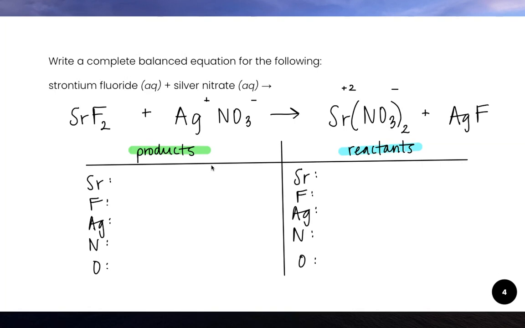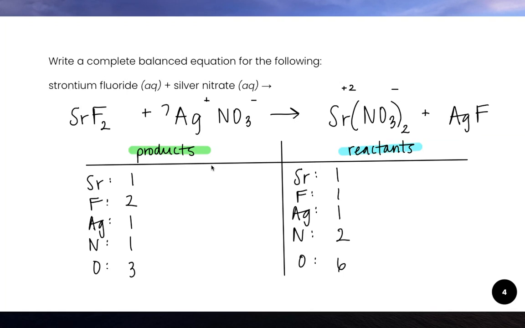So we have 1 of each of our cations on both sides. Two fluorines to 1, nitrogen, and 2 over here, 3 oxygen, and 6 over here. So I'm going to start by balancing my nitrogens and oxygens.